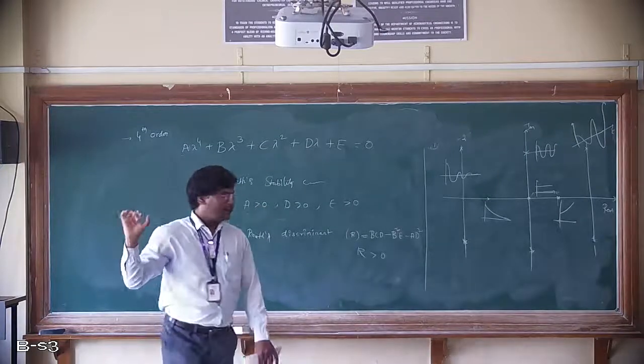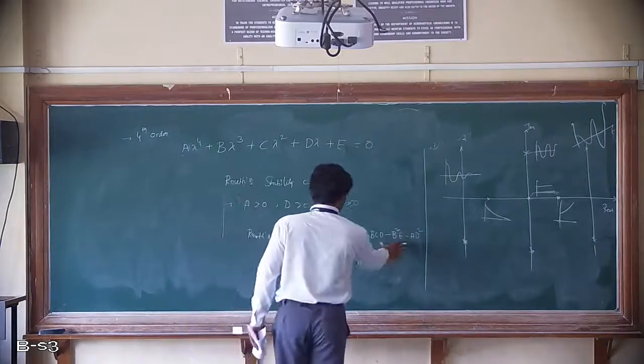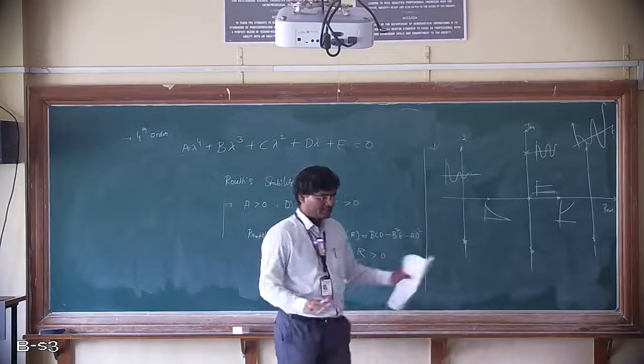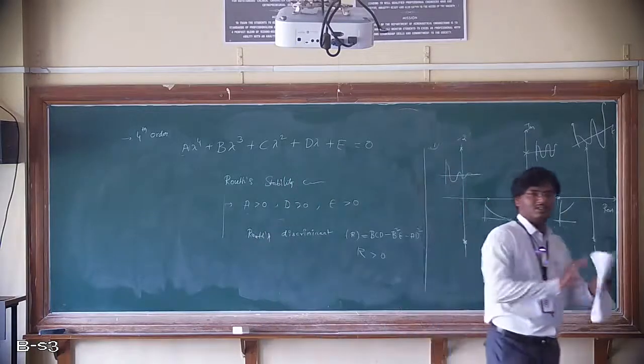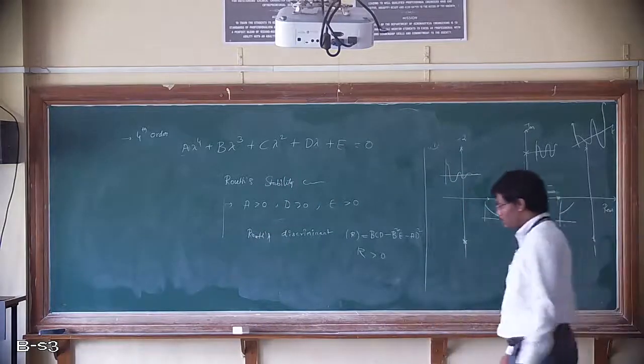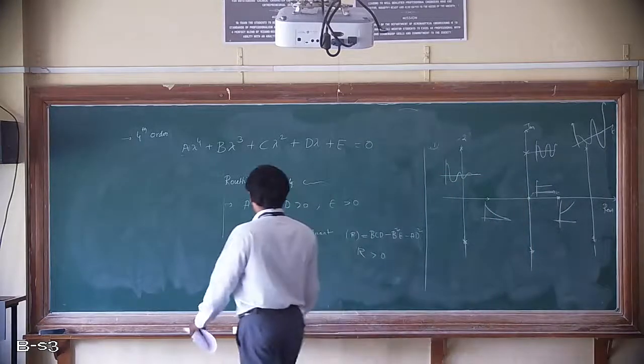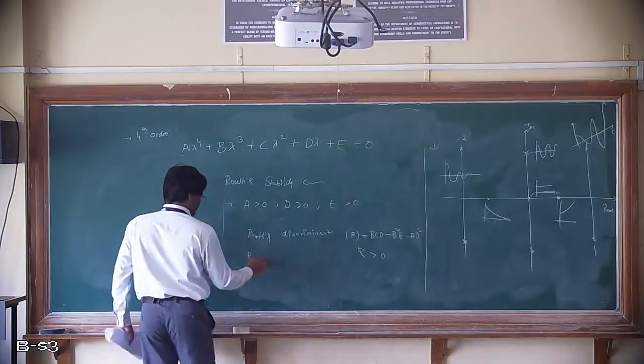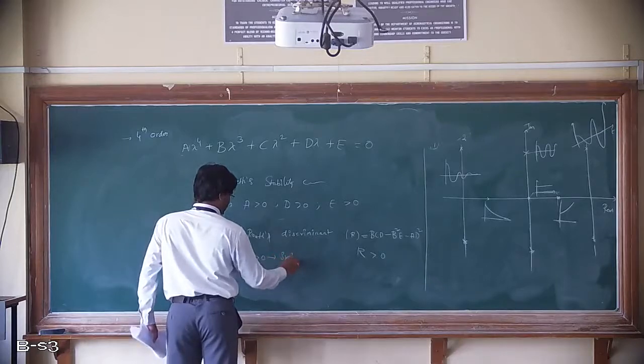This whole term should be a positive number. If the Routh discriminant is greater than 0, then the system is stable.